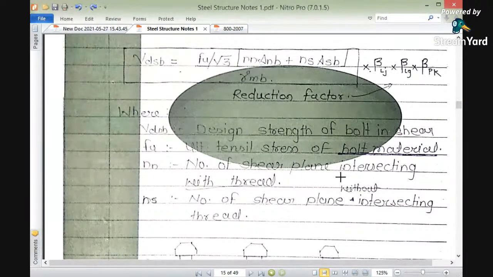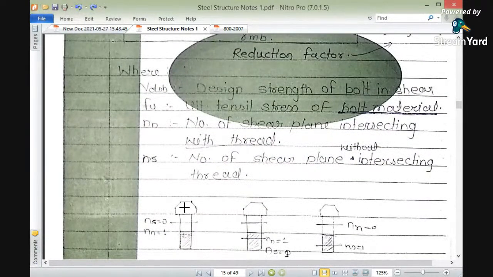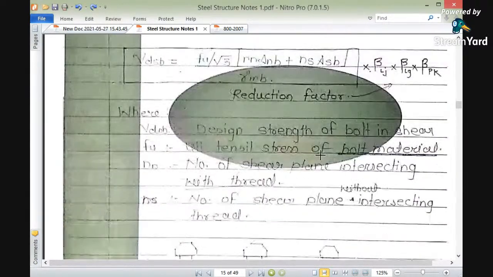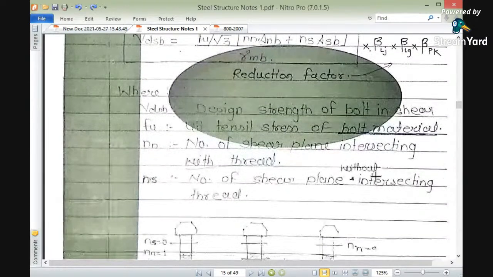n_n is the number of shear planes. In this case, this is the bolt. This part is the threaded part, and this plain part is the shank. If the shear planes intersect at the threaded surface, n_n counts them. n_s is the number of shear planes without intersecting threads.